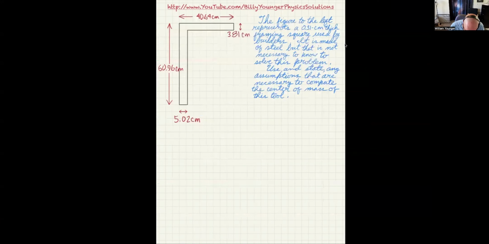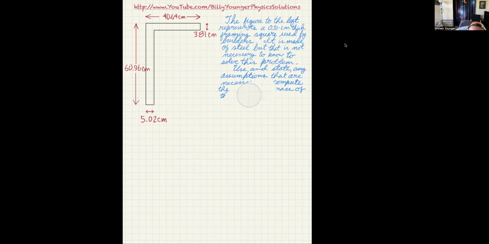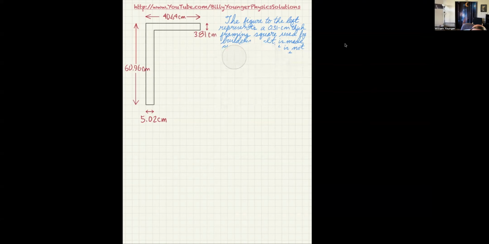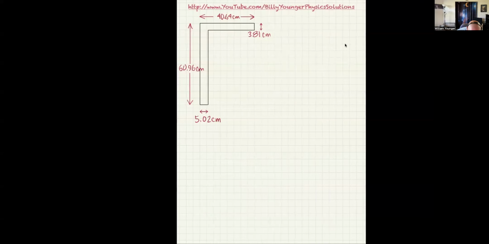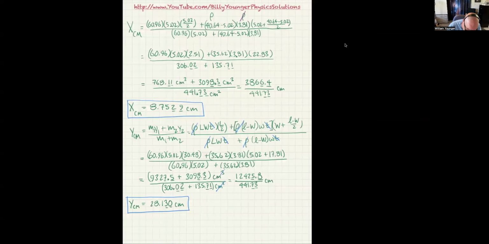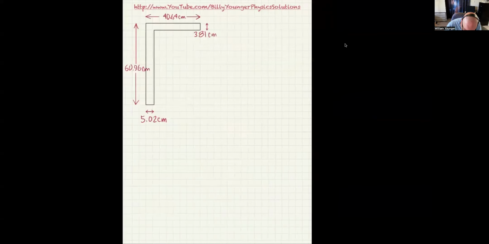And that's what I've got now. I'm going to get rid of this extra stuff that I copied because I didn't really need that. But what I do need is those values of X center of mass and Y center of mass. So I'll just copy it all as one big thing and then erase it. Well, now I'll just do two separate steps. So I'm going to say copy, and I'm going to say paste.